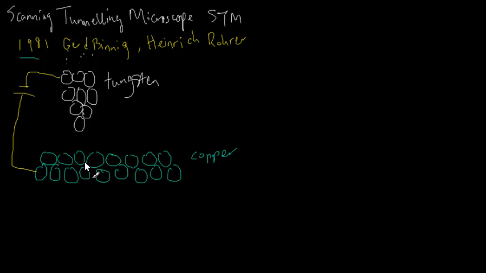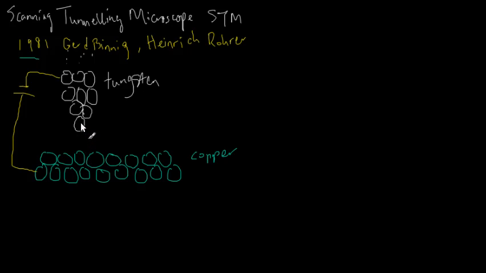But we understand from the earlier video on quantum tunneling that it is possible for the wave function of the electrons, say on one side of the barrier, to spread through the barrier.